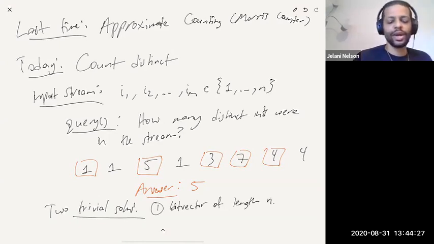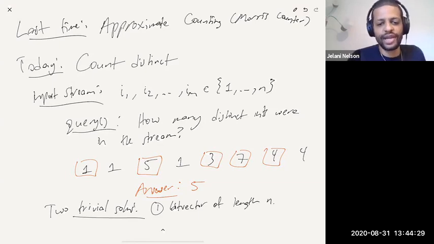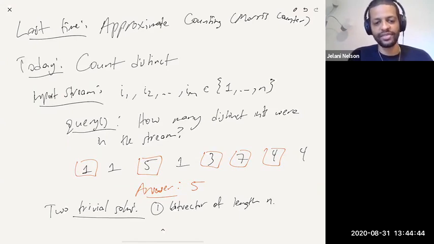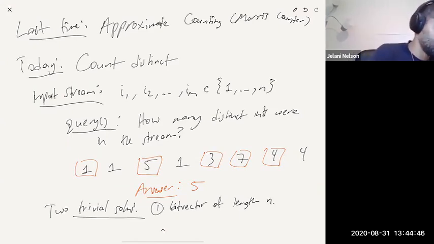Whenever we see integer i in the stream, we just set the ith bit of our bit vector to 1. Initially the entire bit vector is set to 0. So that's n bits of memory. Then when it's query time, we can scan over the bit vector and just see how many ones we have.